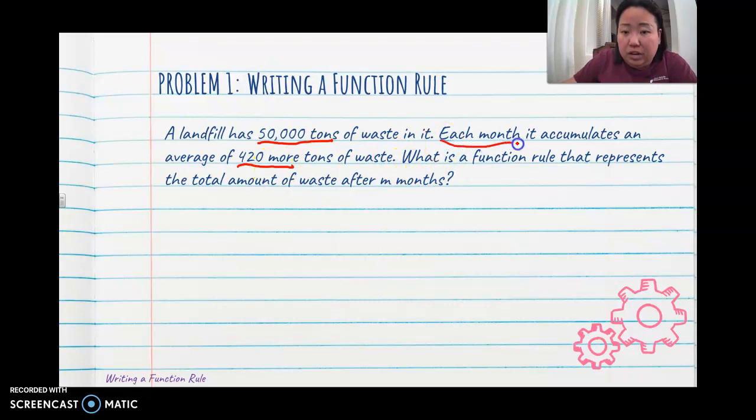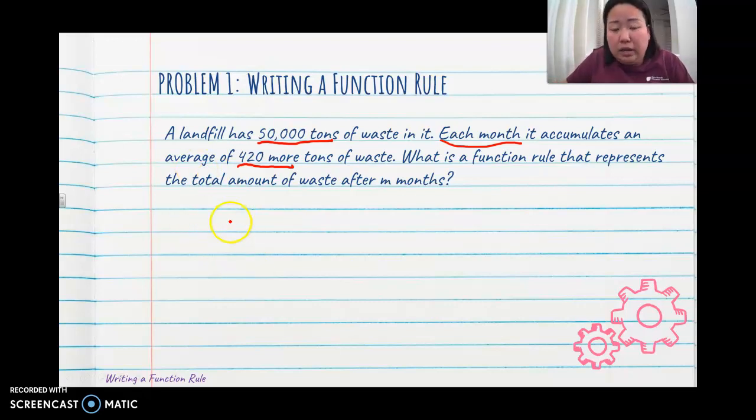Okay, it says here each month. So the question now is, what will be the function rule to represent this? We are not asked how many tons will be in there, but this will be a general formula. What could be a general formula? What is that function rule that could be used to represent this situation?